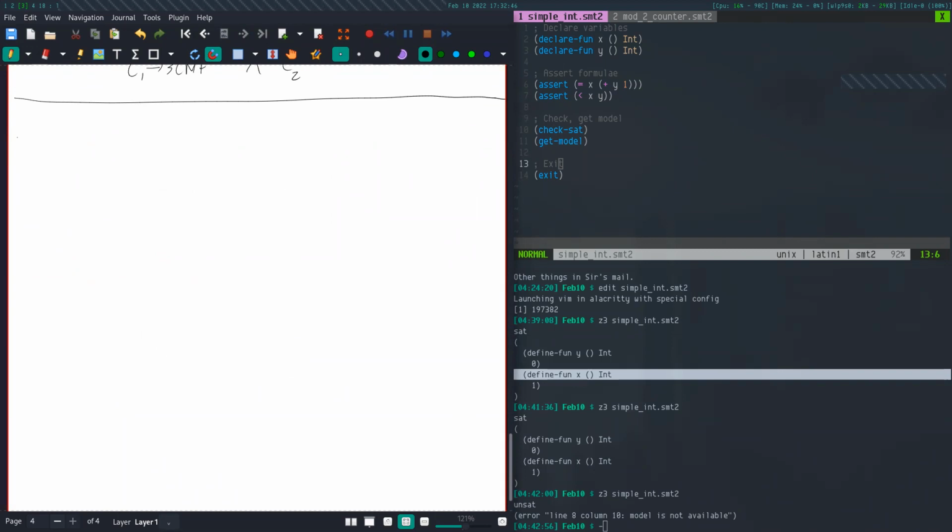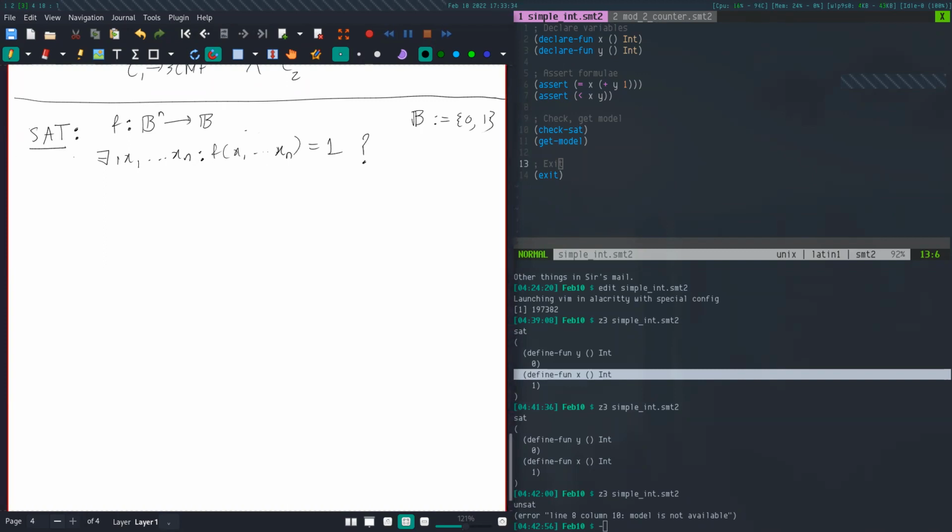The SAT problem is defined as: given a Boolean formula, so let's say a formula from B to the N to B, where B is 0 or 1, we ask: does there exist some x1 dot dot dot xn so that f of x1 dot dot dot xn equals 1? This is the SAT problem.